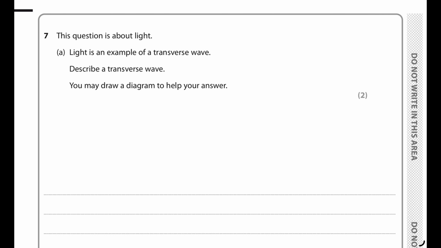Question 7. This question is about light. Light is an example of a transverse wave. Describe a transverse wave. You may draw a diagram to help your answer.